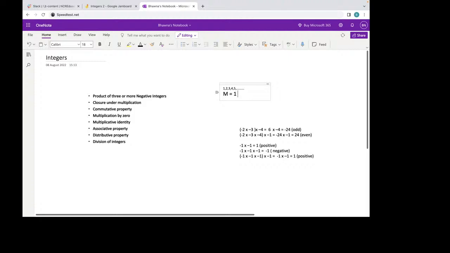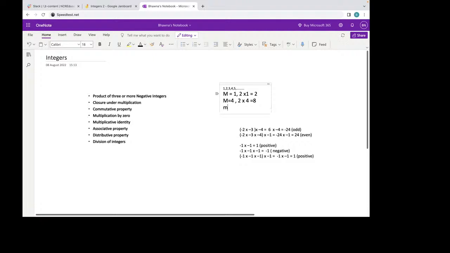So 2m will be 2 times 1, isn't it? That will be 2 multiply 1, that will give you 2. Let's say if m is equal 4, then 2 multiply 4 will be 8.